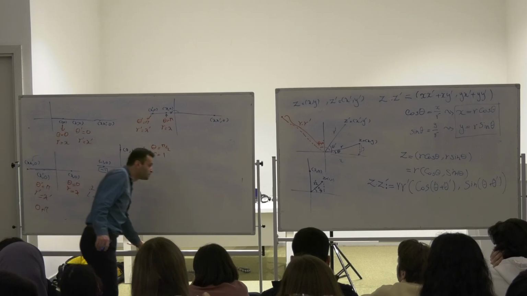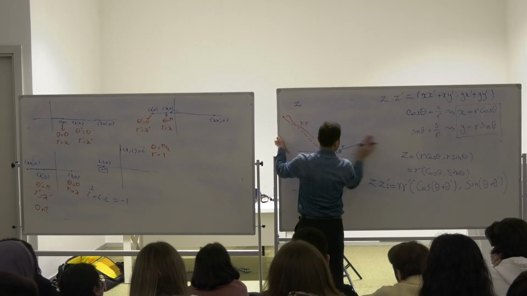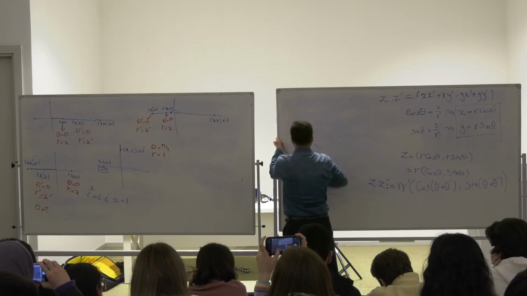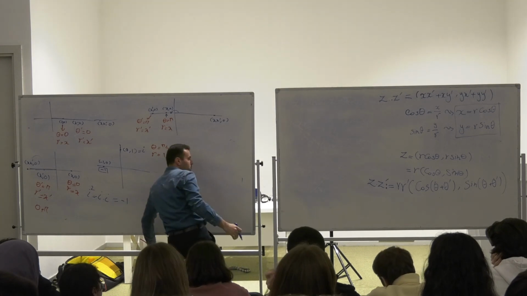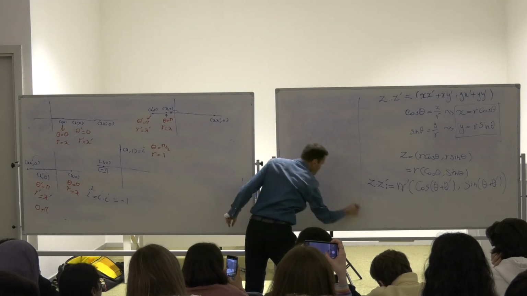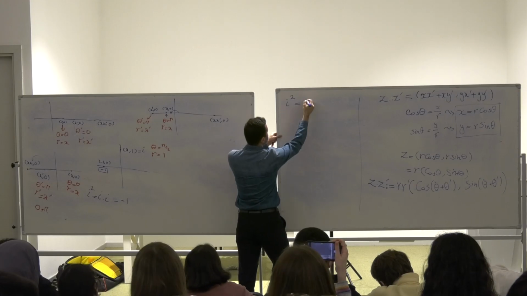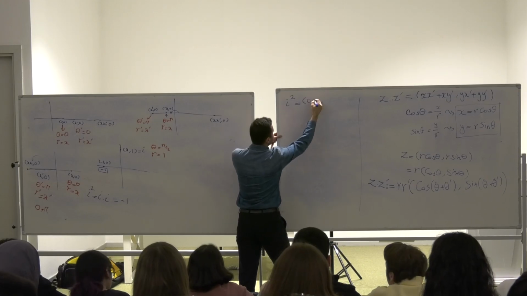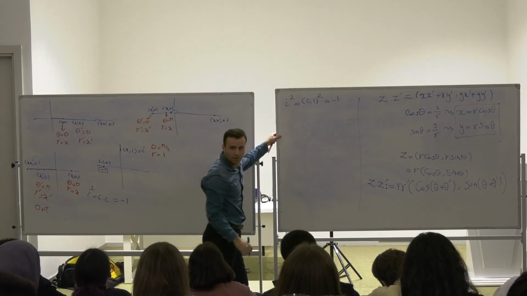So, notation. I squared, which is (0, 1) to the power of 2, is going to be minus 1. Okay?